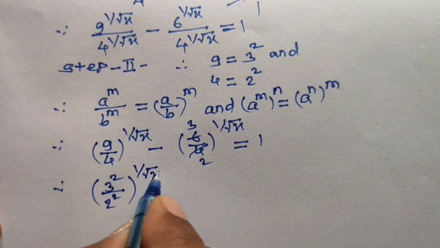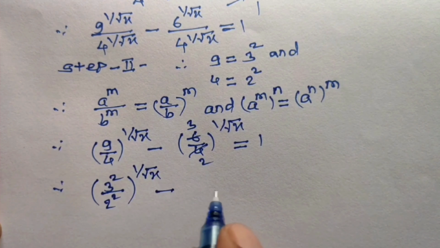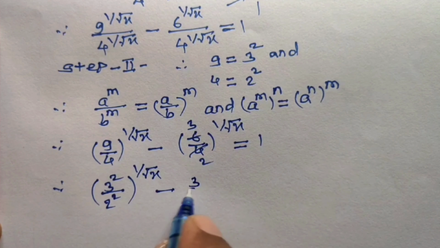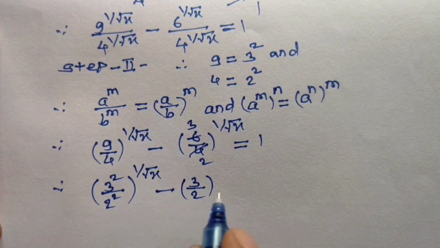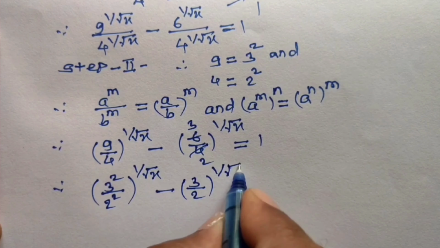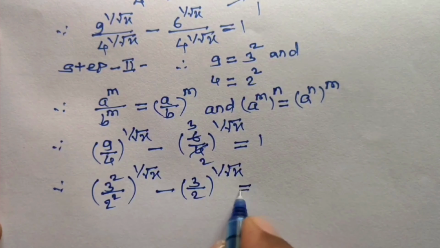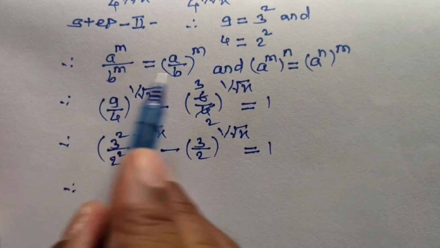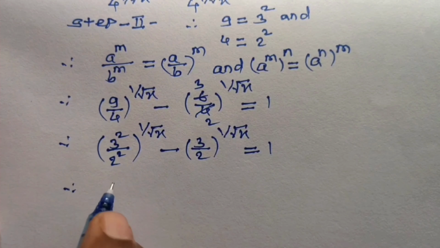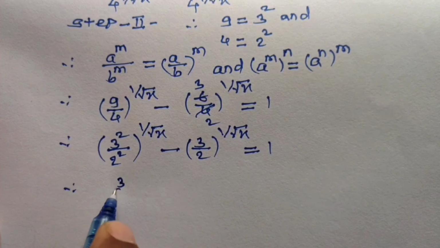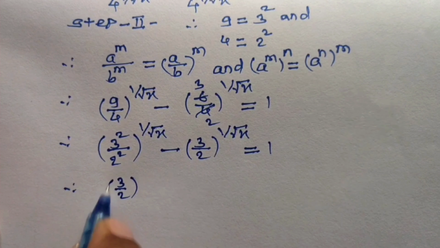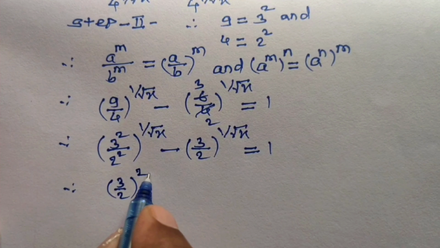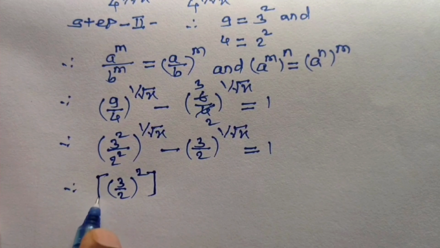Keep the right hand side as it is. Now 9 is replaced by 3 square and 4 is replaced by 2 square. Hence, the first term of the left hand side becomes 3 square divided by 2 square to the power 1 over root x, minus the second term, which becomes 3 divided by 2 to the power 1 over root x, and the right hand side is 1.